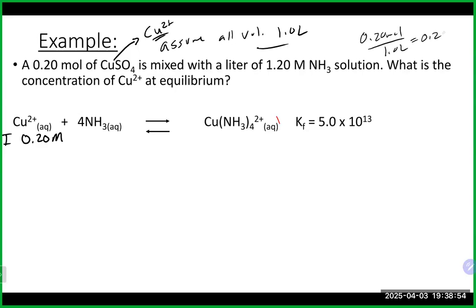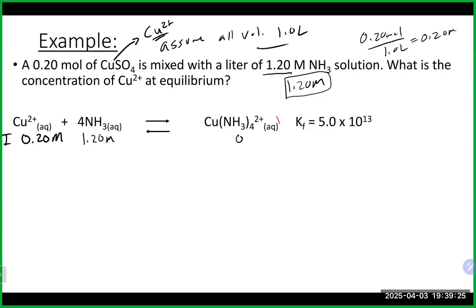So that would get us our 0.2 molar for our copper. Our ammonia is going to be our 1.2 molar. So we're just going to assume that it's going to stay at 1 liter. If you took 1 liter divided by 1 liter, they cancel out and it still stays at 1.2. And this is going to be 0. So we want the concentration of everybody together. Again, we're keeping the volume constant, just to keep the numbers the same.